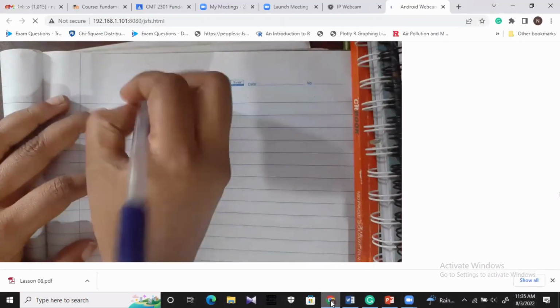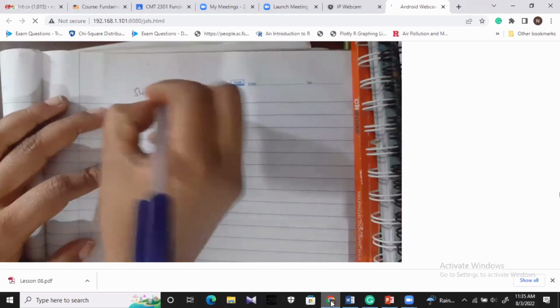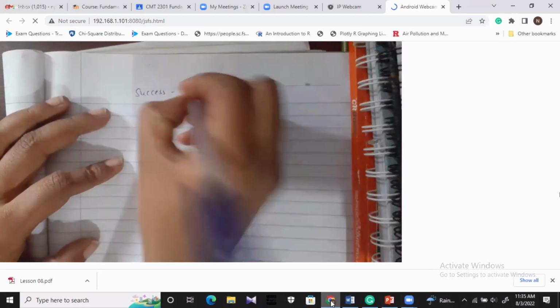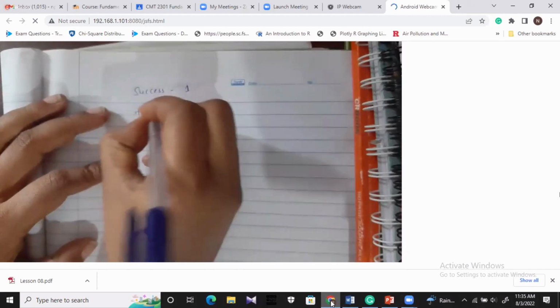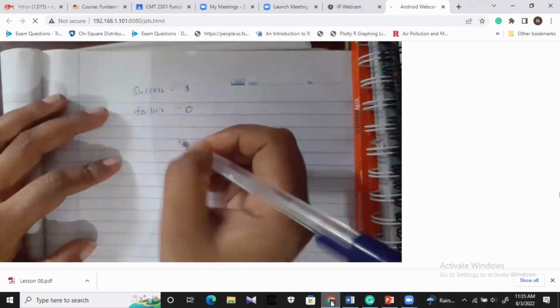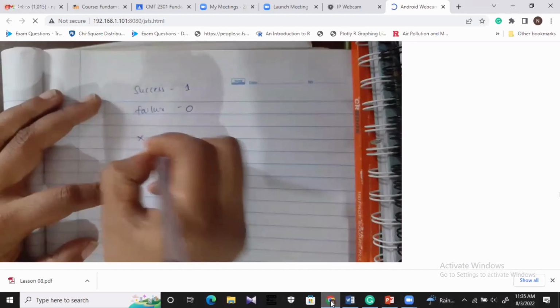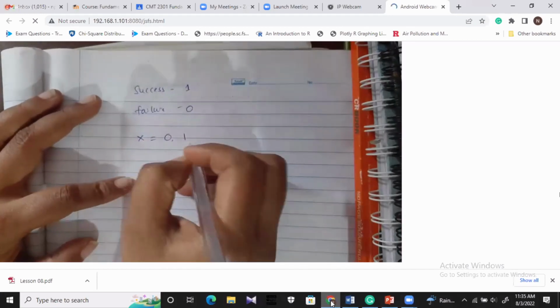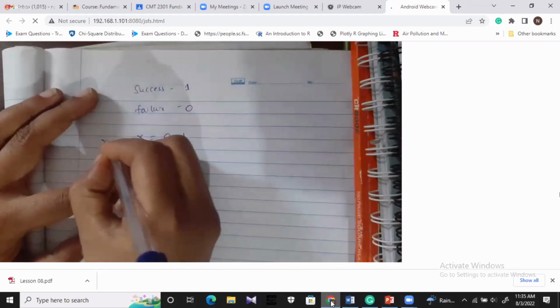Now I told you success is considered as number 1 and failure is considered as number 0. Therefore, X can have only 2 values, either 0 or 1. That is the random variable.